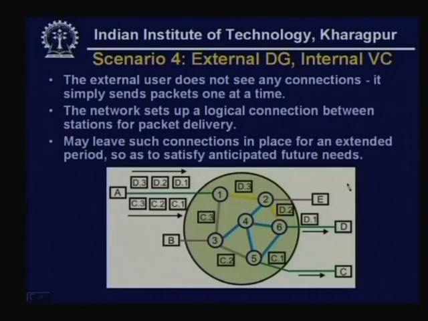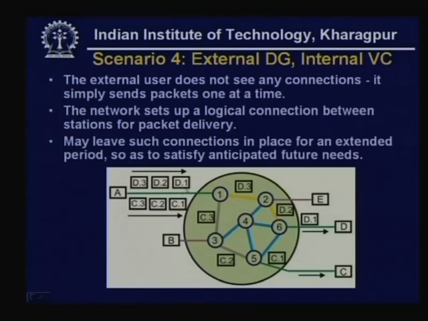Now, let us come to scenario 4. Here it is external datagram and internal virtual circuit. External datagram means the packets can be given in any order. However, as they are given in a particular order, inside the switched communication network there is a virtual circuit.